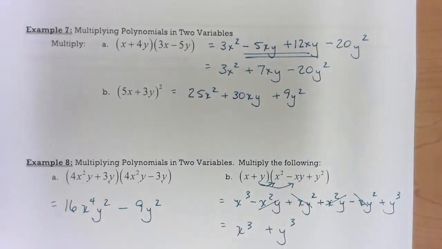This is called the sum of perfect cubes. We will eventually have to be able to factor that, but that's sort of neat though.